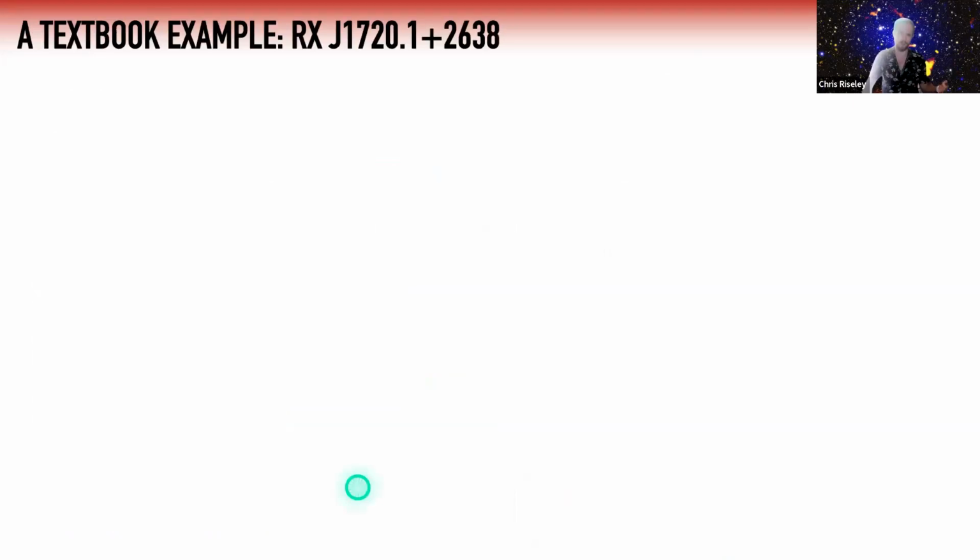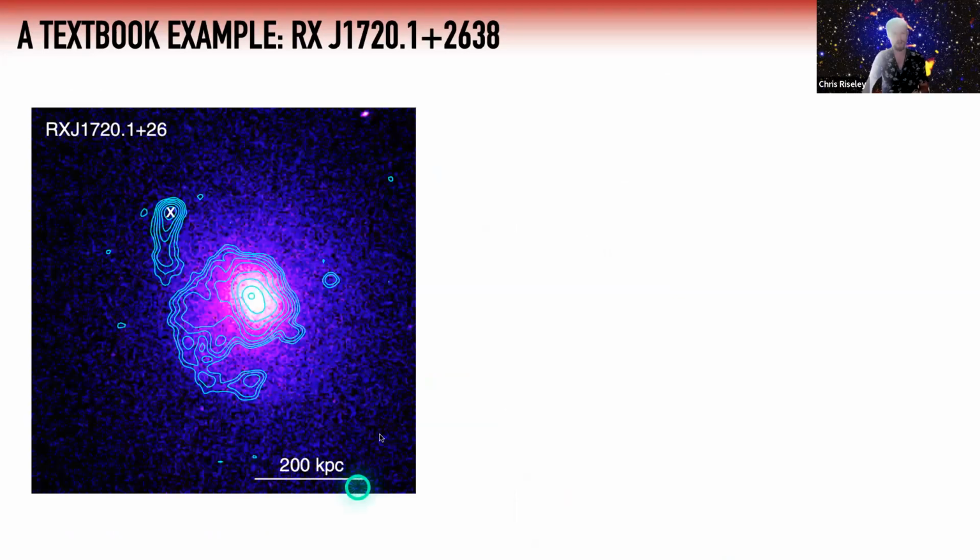One of the textbook examples of a mini halo that has been studied a number of times in the past is this cluster RxJ1720. In some old narrowband data from the GMRT, it was revealed to have this sort of central structure with a wing off to the left.